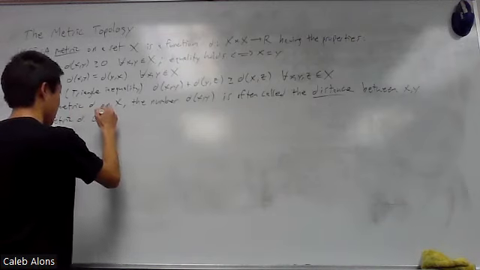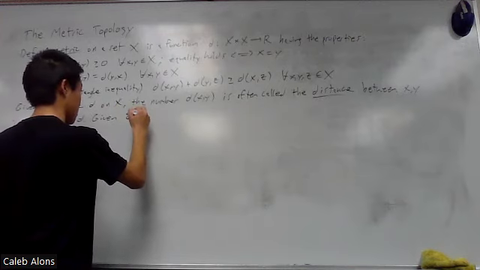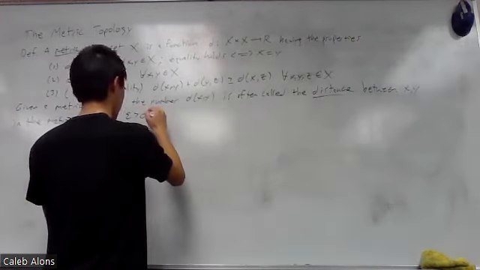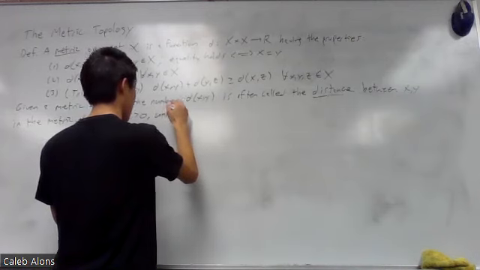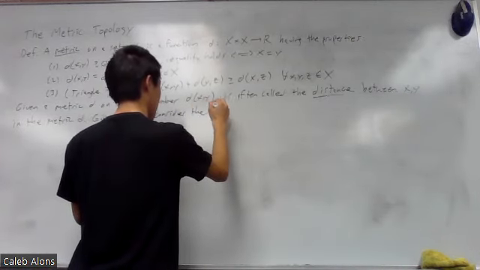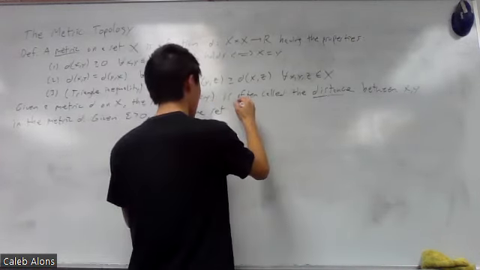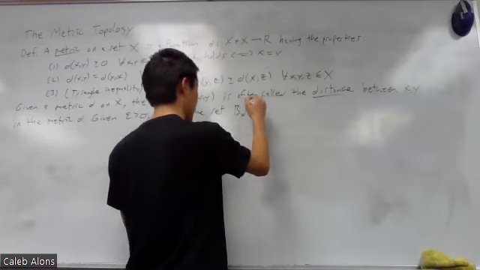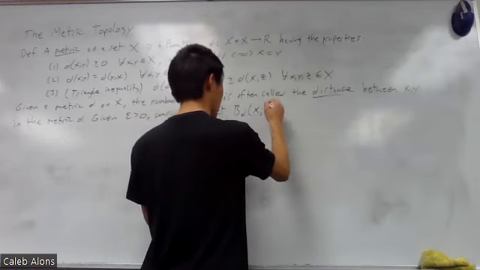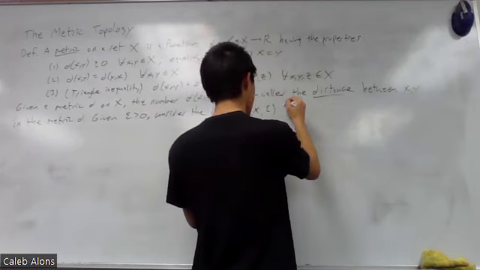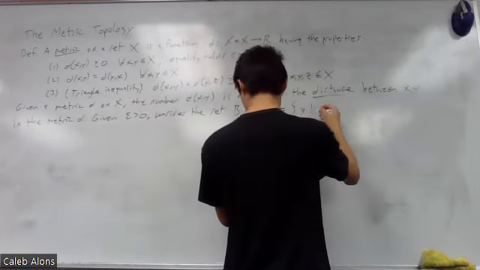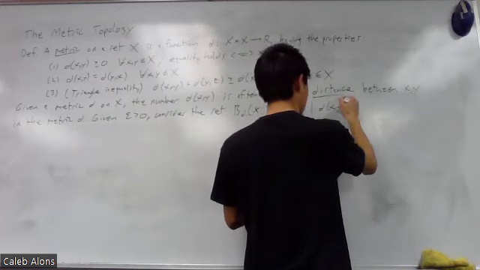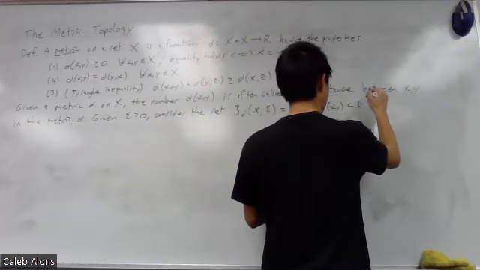And then given a positive epsilon, we consider the set B_d(x, epsilon) to be the set of all points y where d(x,y) is less than epsilon.